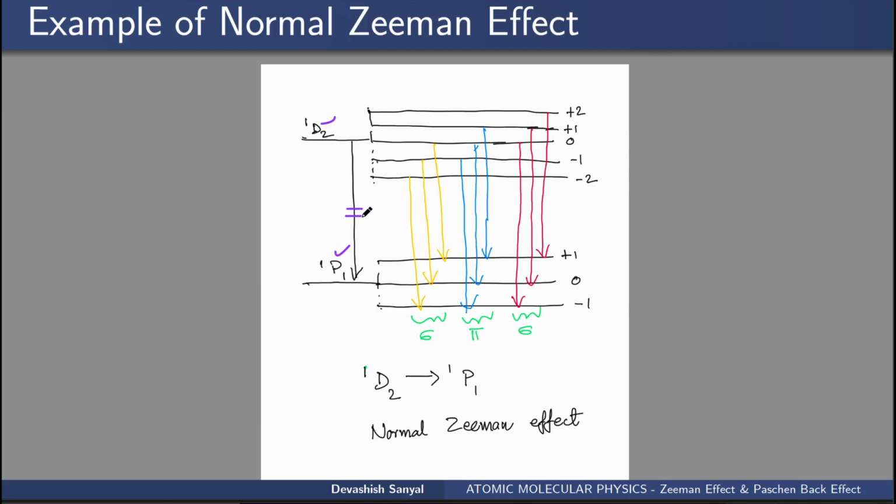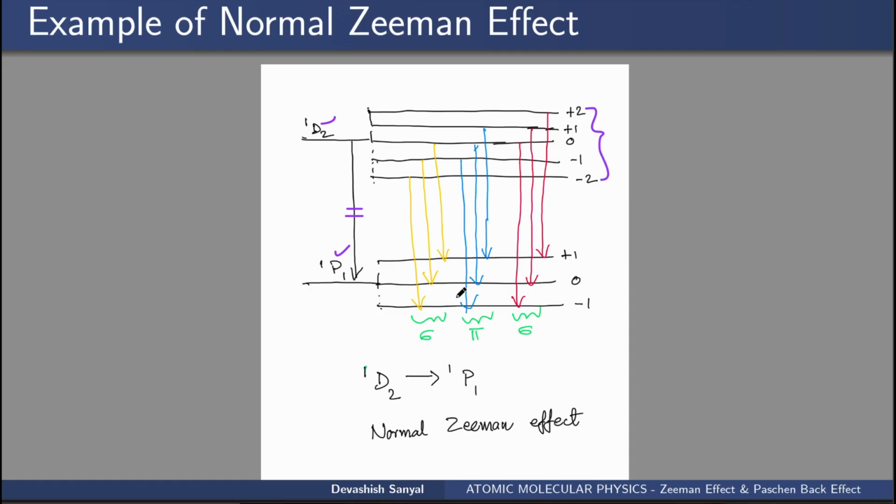But when magnetic field is switched on, 1D2 is split into 5 energy levels. So degeneracy is broken corresponding to the Z component of the orbital angular momentum, plus 2 to minus 2.